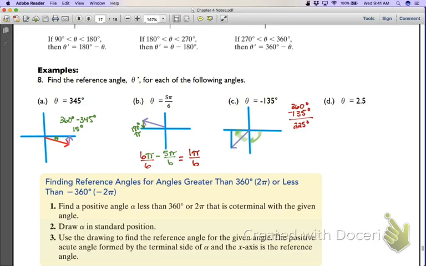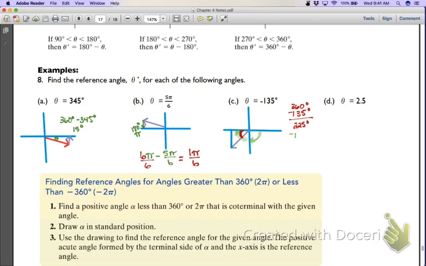Now what do I need to do with the 225 to get me back to this angle right here? Nope. What number am I going to subtract? What if I would have went in a positive 225 degree direction? What would I have done? What do I need to subtract from 225 to keep it positive? 180.